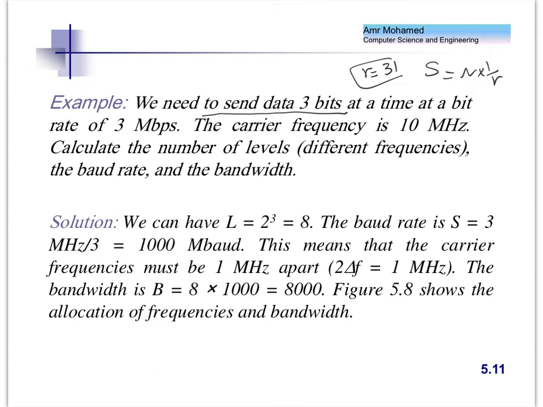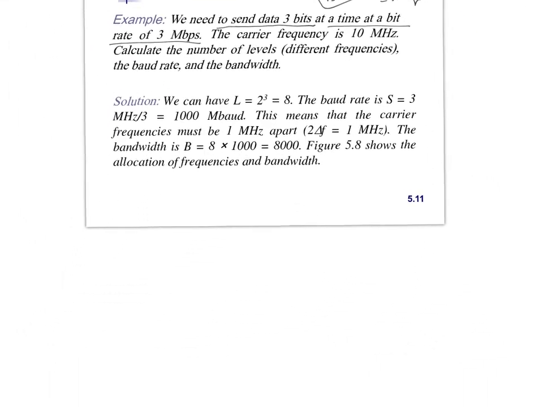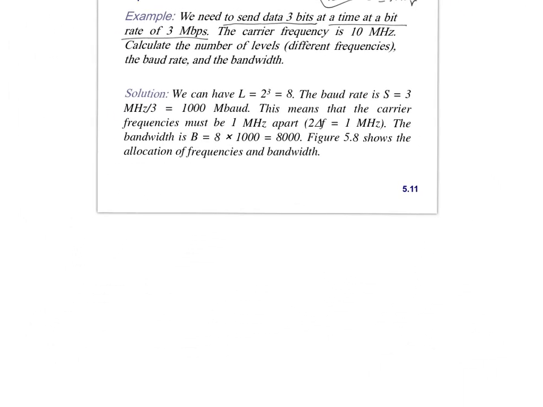However, for FSK, we have to change the frequency for each symbol, unfortunately. So if the bit rate that we want to send is 3 megabits per second, what's S in that case? S equals 3 megabits per second times 1 over r, which is 3 times 1 over 3, which is 1.